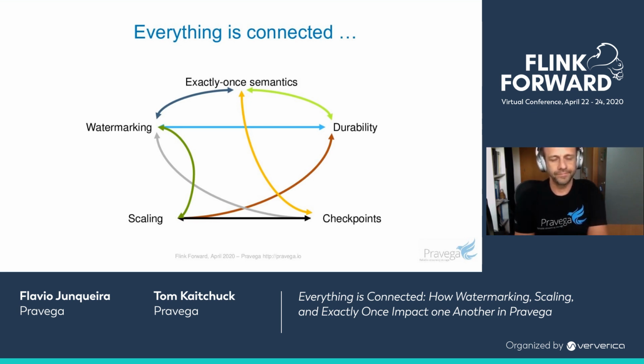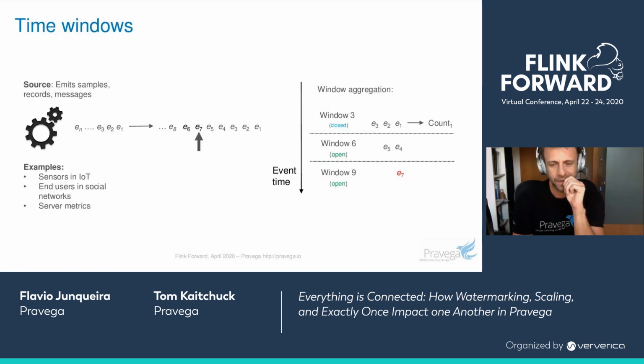As you can see, everything's interlinked with everything else, because these concepts, well, they sound nice and orthogonal. They really aren't. They really interplay in complicated ways with one another. And so I'm going to give an overview of what that looks like.